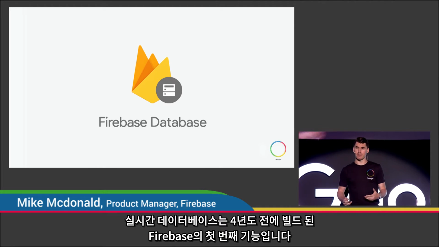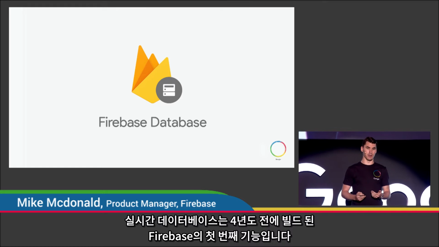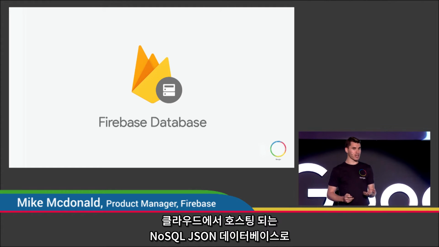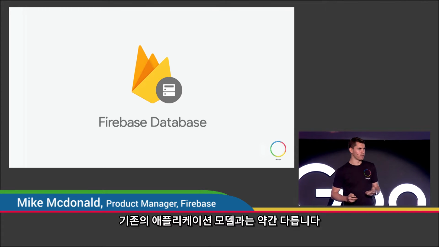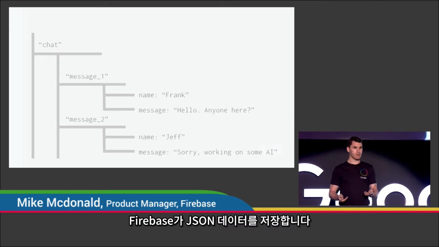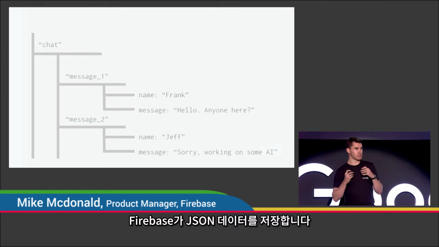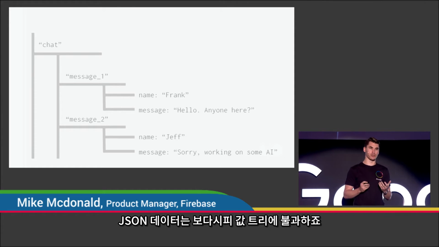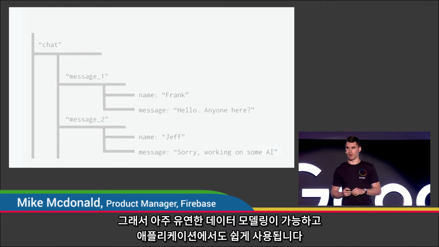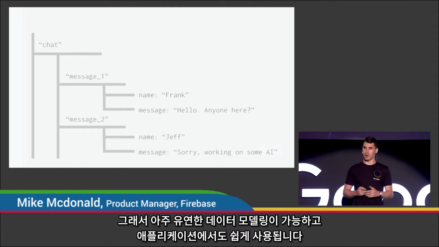The Firebase real-time database was the first feature that Firebase built over 4 years ago. It's a cloud-hosted NoSQL JSON database, and it's a little different from the traditional application model. First of all, Firebase stores JSON data, which means that it's just a tree of values, as you can see. This allows for very flexible data modeling, and it's easily consumed by your application.